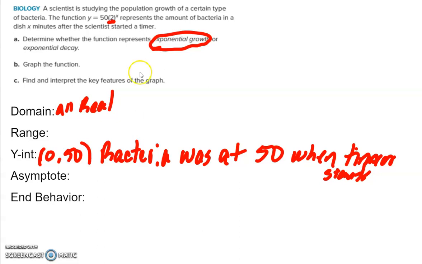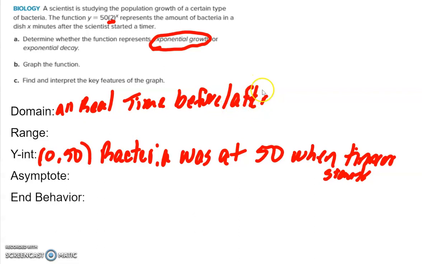because it represents the time before and after the timer.